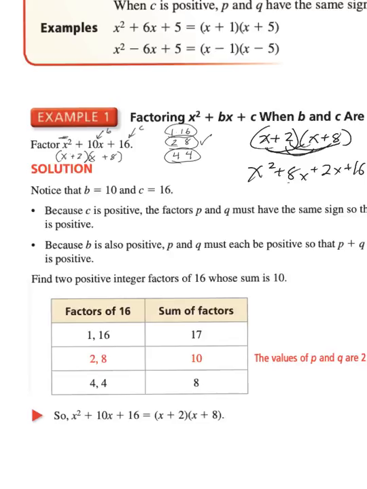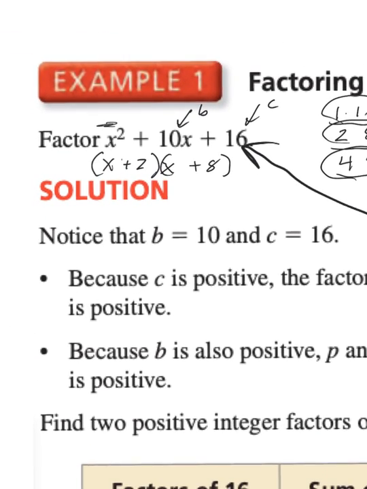If I collect the middle terms, I get x squared, 8x plus 2x is 10x, plus 16. So there it is. Clearly those were the binomials that made it up. So the answer to the problem, factor x squared plus 10x plus 16, your factors are x plus 2 and x plus 8.